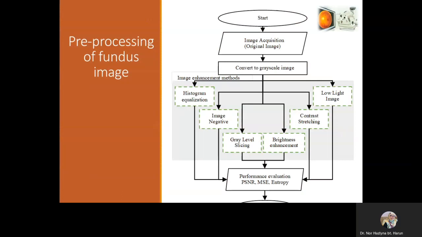Our methodology proposed two steps. The first is pre-processing of the fundus image, which included image acquisition, then converting to grayscale image, next applying image enhancement methods, which are histogram equalization, image negative, gray level slicing, brightness enhancement, contrast stretching, and low light image.